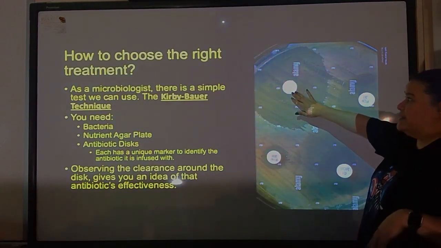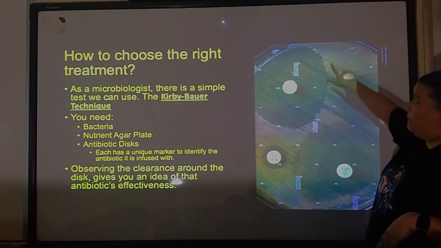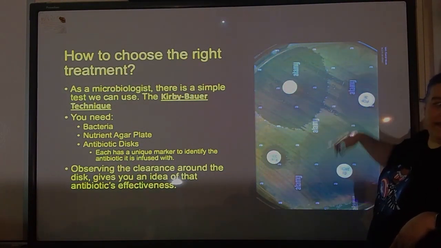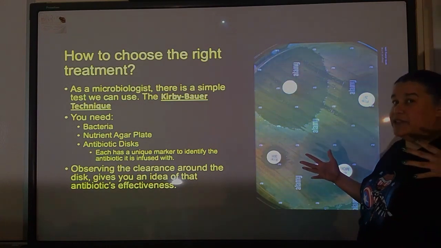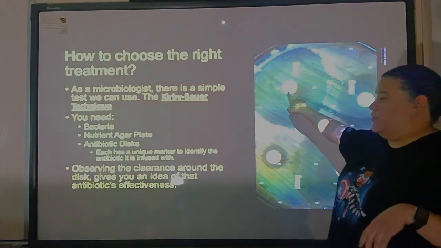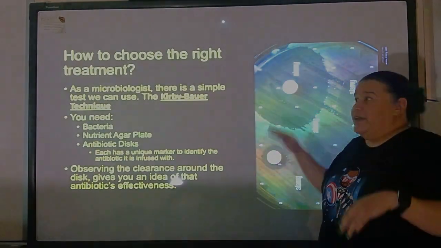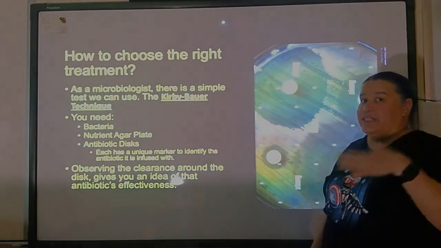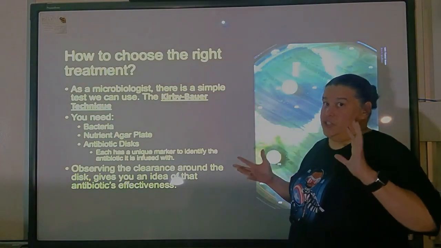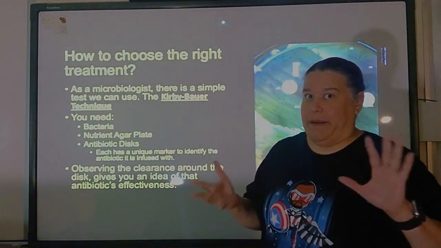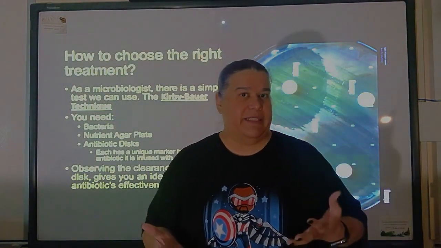However, if you look at CRO30, look at how big that clearance is. That's a huge amount of clearance around that particular disc. So admittedly, I don't know if this is enough clearance to actually say, oh yes, this is showing very good antibiotic control of this bacteria.